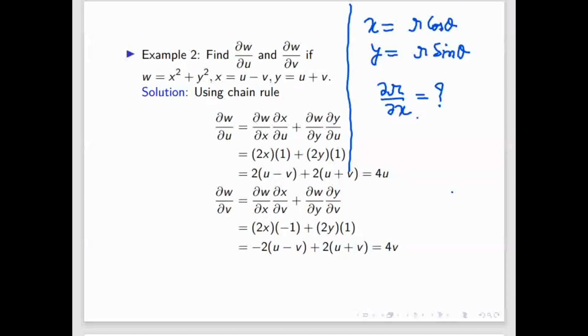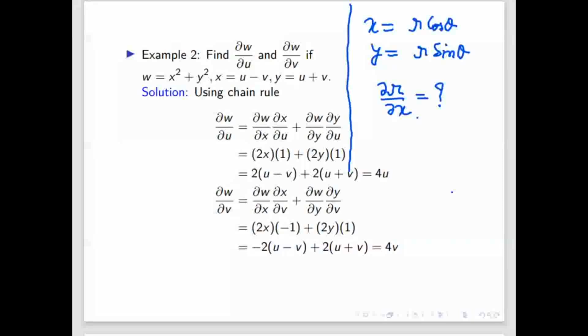So how will we do it? We'll eliminate theta: square and add. Cos square theta plus sin square theta equals 1.